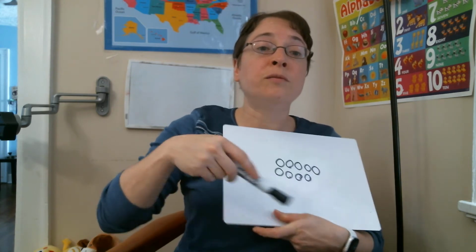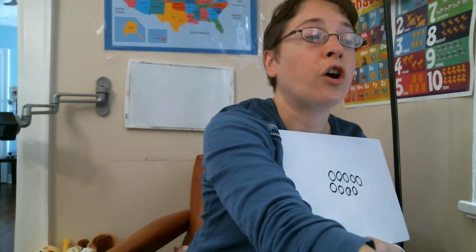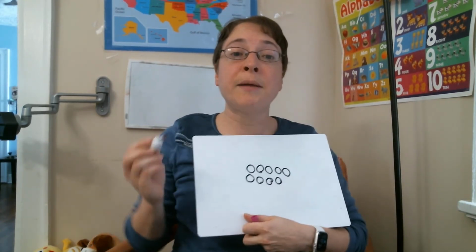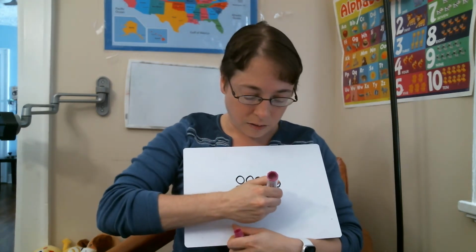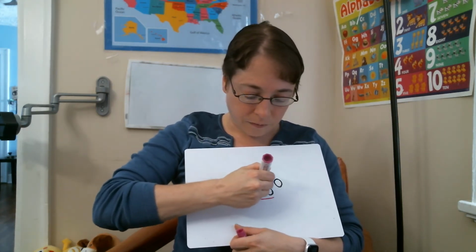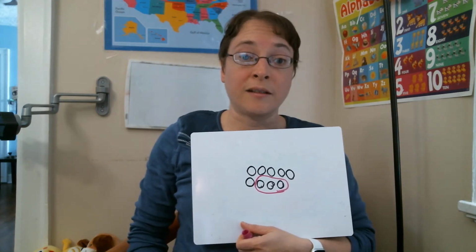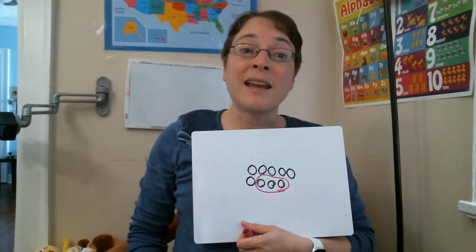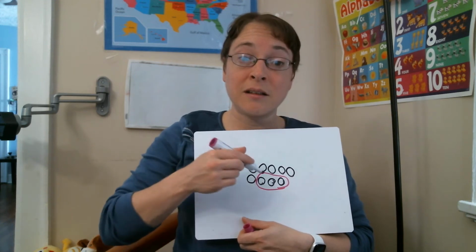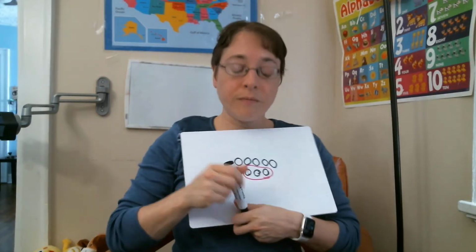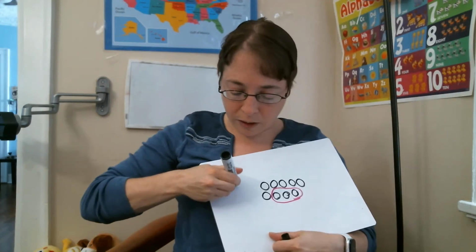So this is the 5 group way. 3 of those balls are green. So I am going to circle 3 balls. These balls are green. Can we make a number bond about our story? Let's make our number bond.